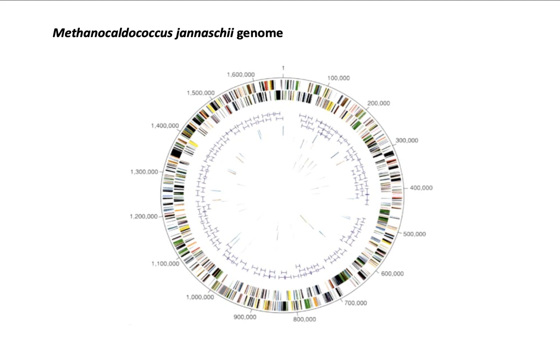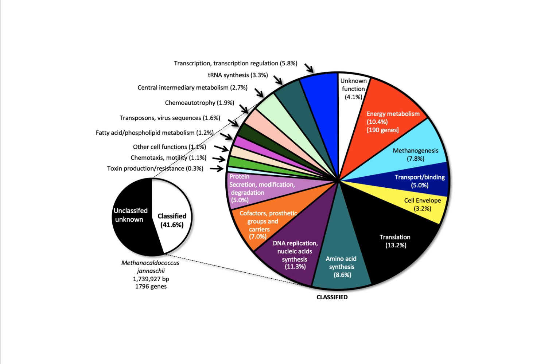The lines interior to those represent the locations of the tRNAs and the ribosomal RNAs and some other repetitive elements as well. So here's a pie chart breaking down the functional groupings of the genes.